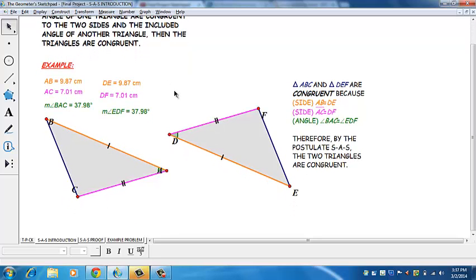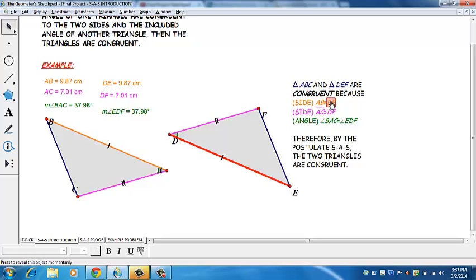Now, I have a mini example right here which says that triangle ABC, which is this one, and triangle DEF, which is this one, are congruent because sides AB and DE are congruent.